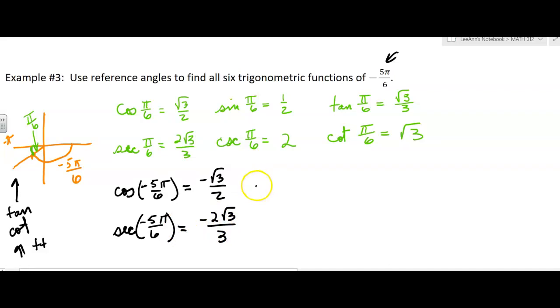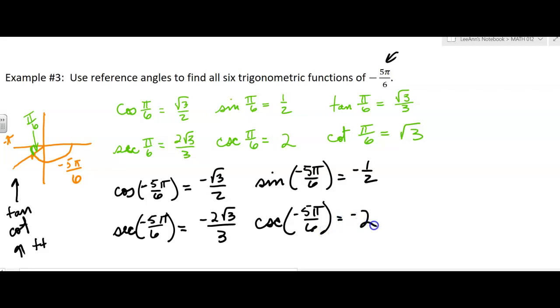Well, sine of negative 5 pi over 6 is going to be negative 1/2. Cosecant of negative 5 pi over 6 is going to be negative 2.